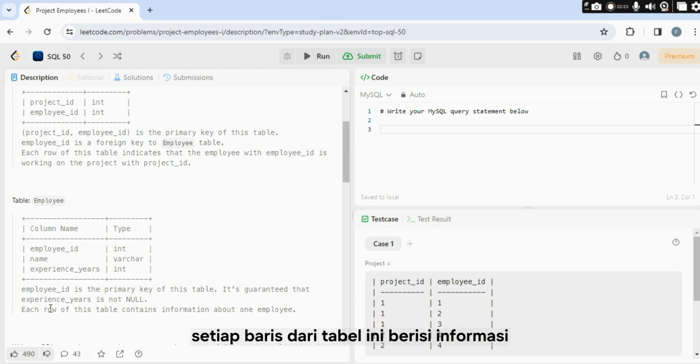Each row of this table contains information about one employee, and in the employee table there are three columns: employee ID, name, and experience years. The types are integer, varchar or string, and integer.